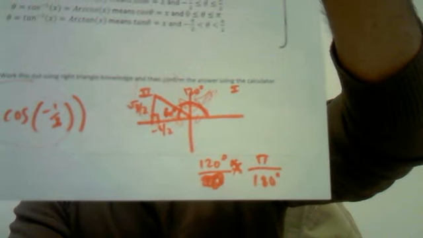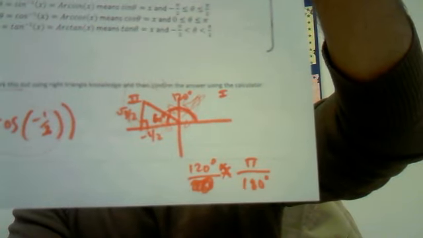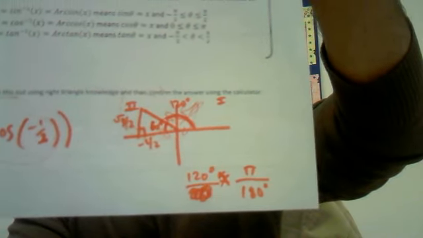That leaves you with 120 pi divided by 180, or 2 pi divided by 3 when you simplify. Wow, we just finished half the problem.